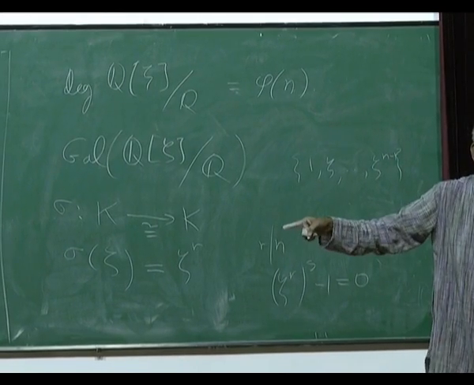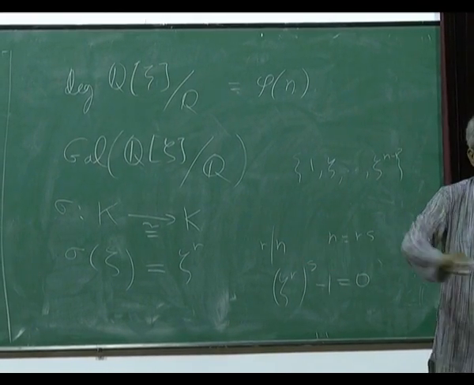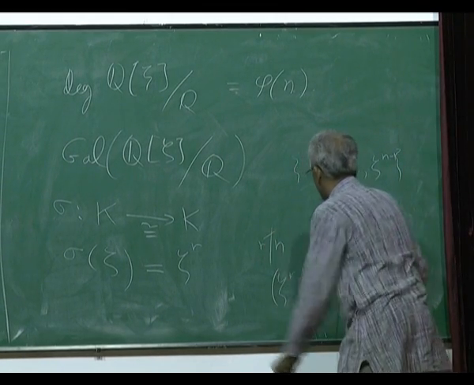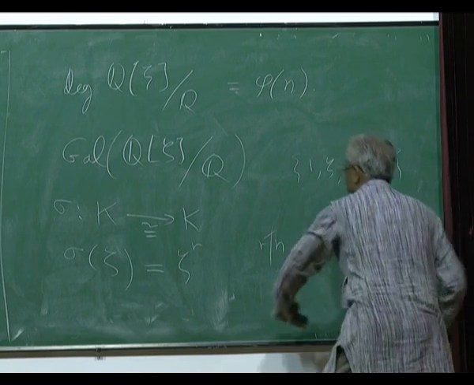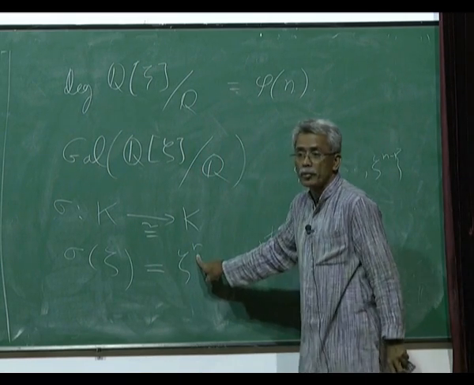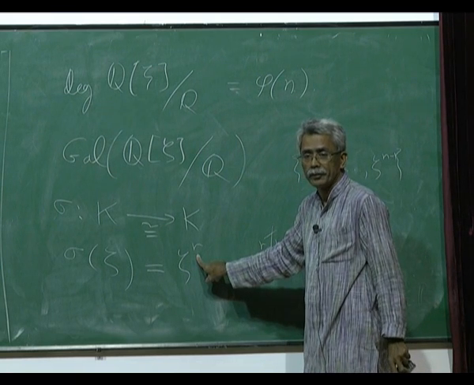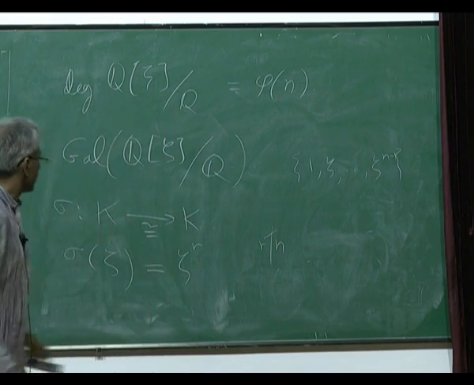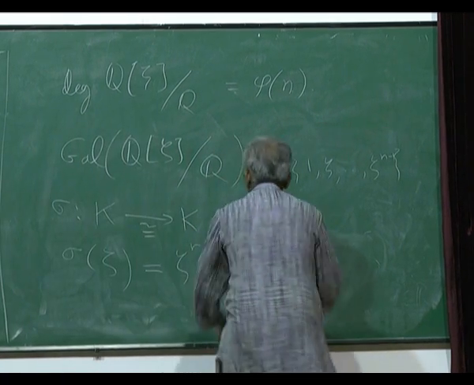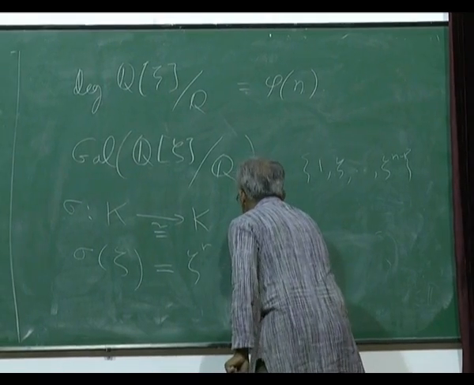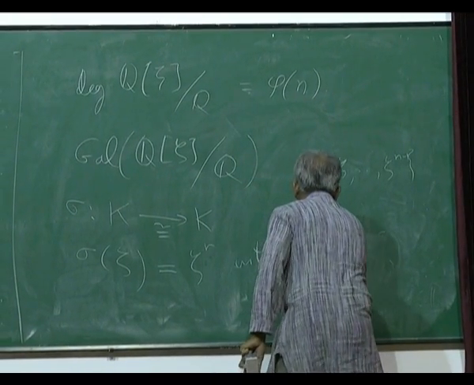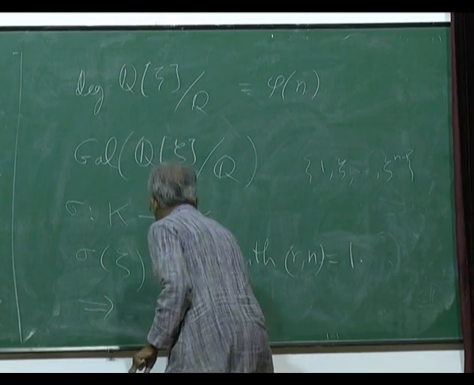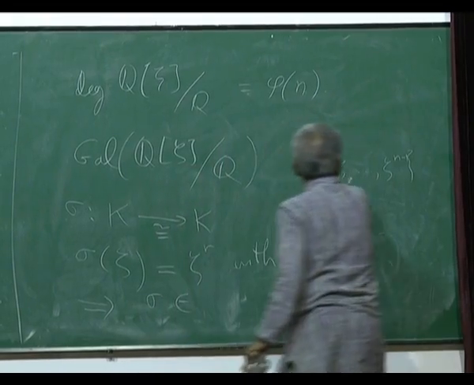I told you it is a primitive nth root of unity, it cannot satisfy any smaller degree polynomial. So, r cannot divide n, and that means that r has to be relatively prime to n. And this implies that sigma has to be an automorphism of this group.